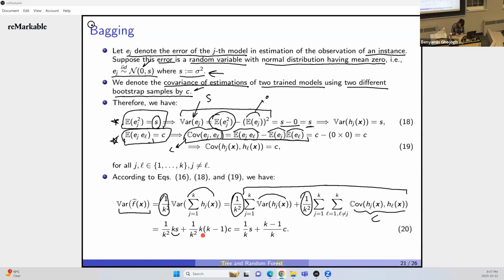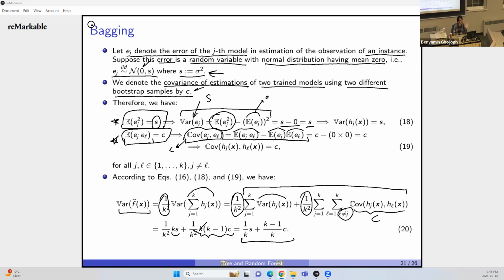K times k minus 1 times, because it's not k squared. Why? Because of this condition: L is not equal to J. Okay. K times k minus 1 times C, right? Now simplify this k with this, I'll get this, okay?